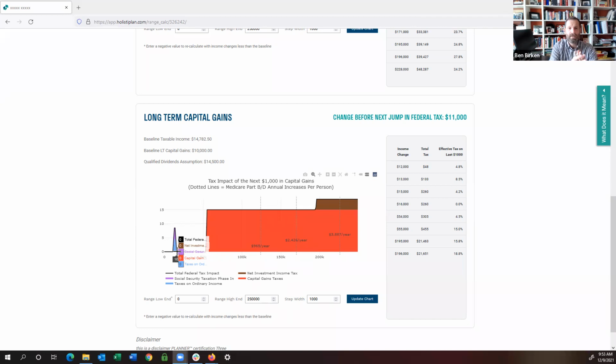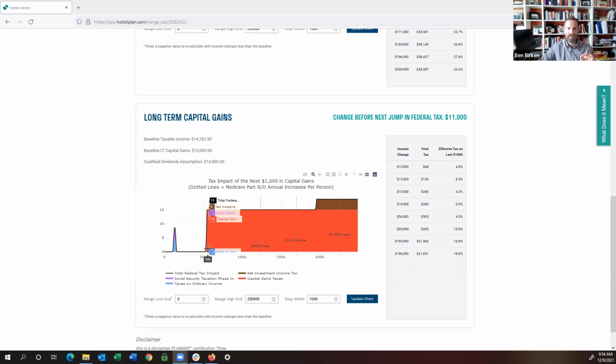It's a pretty narrow peak, but the attribution gets a little funky: you're pushing Social Security that wasn't taxable to being taxable, and Social Security is taxed as ordinary income. So you get this small little peak here where, yeah, there's a little bit of a federal tax impact, even though the capital gains themselves are being taxed at a 0% rate.